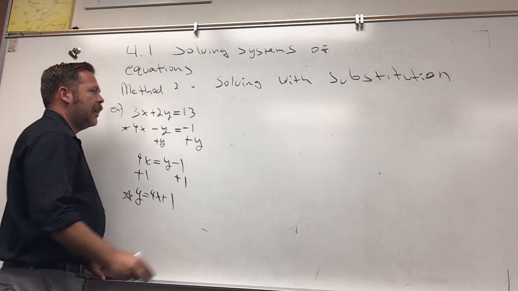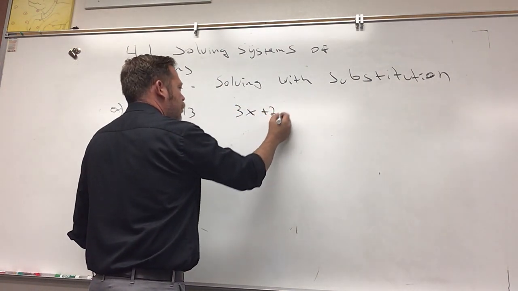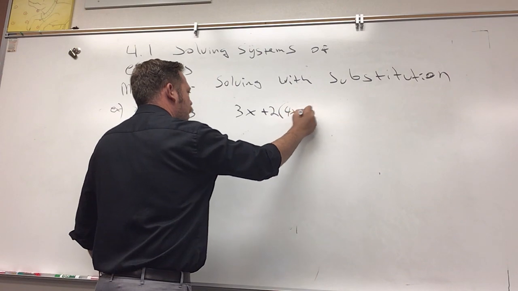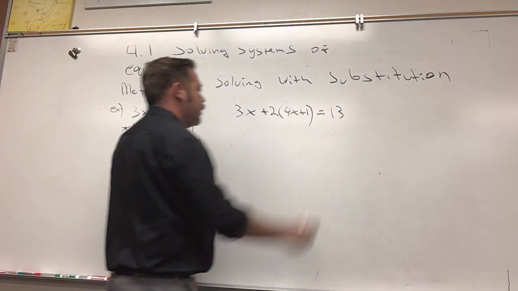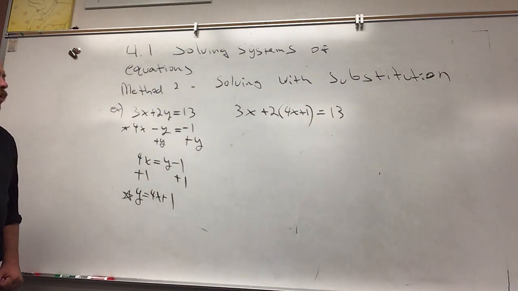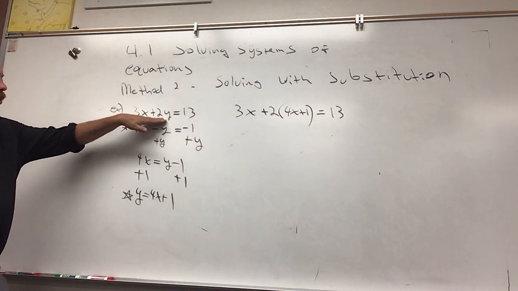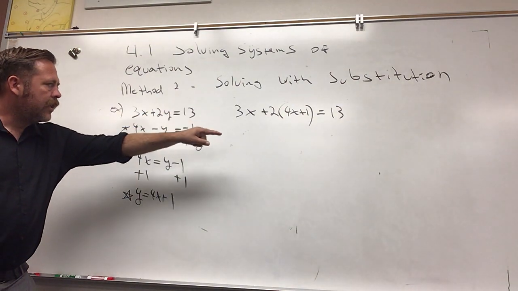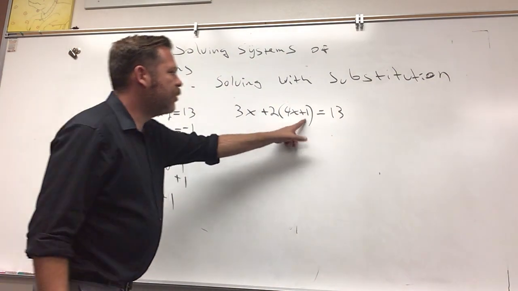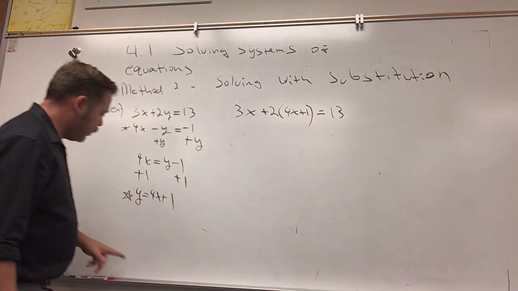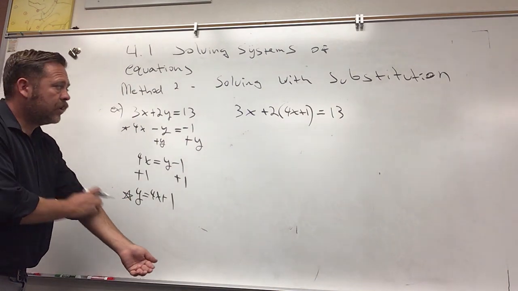And if I did that, it would be 3x plus 2 times (4x plus 1) equals 13. I want you to notice the only difference between the very first equation, 3x plus 2y equals 13, and this new equation is that instead of the y, I substituted 4x plus 1. And I can do that because I found that y equals 4x plus 1.